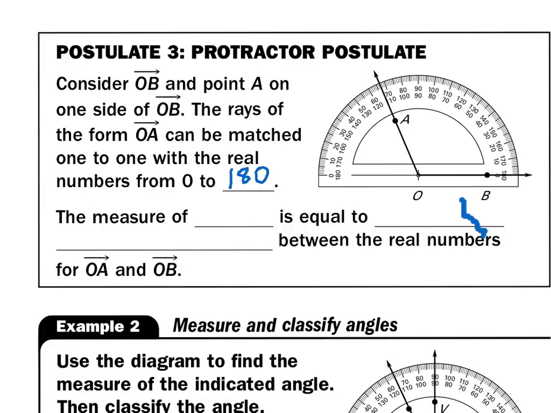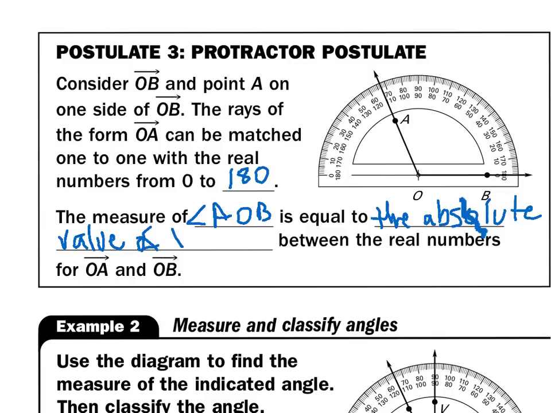The measure of angle AOB is equal to the absolute value of the difference between the real numbers for the ray OA and the ray OB.